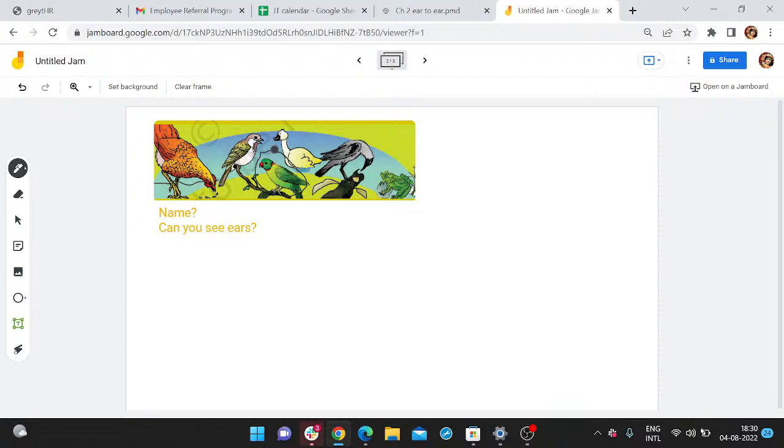अब आते हैं इनके ears. Can you see the ears of all these birds?